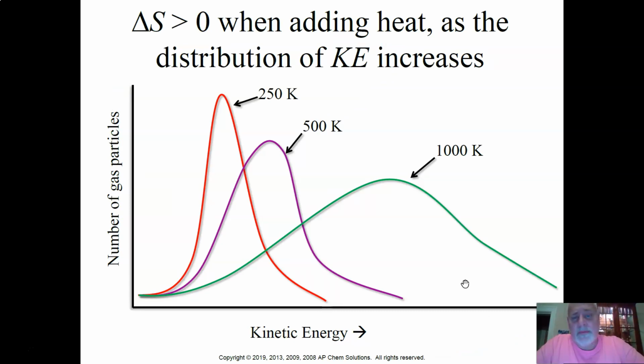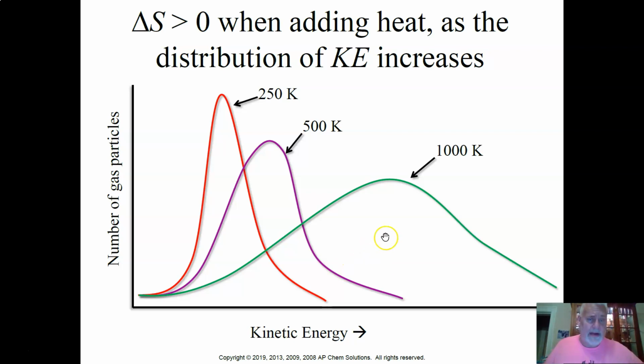You've seen this diagram before. It is a Boltzmann distribution. We talked about this in our previous thermodynamics unit. Obviously, as temperature increases, there's more and more kinetic energy, but there's a wider dispersal.